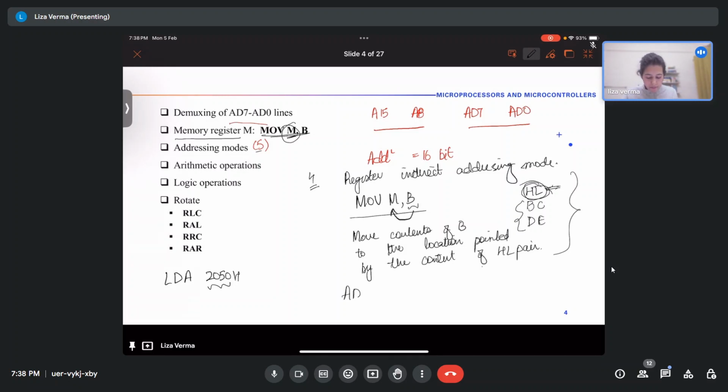If I say ADD M, it is an instruction which tells the microprocessor to add the data stored at the location pointed by M, which is the HL pair, to the data in A. Is it clear?